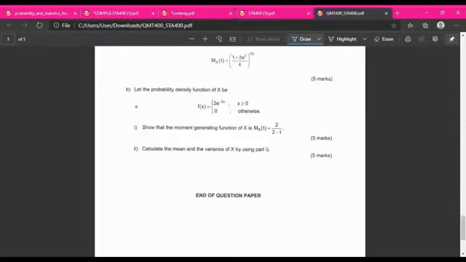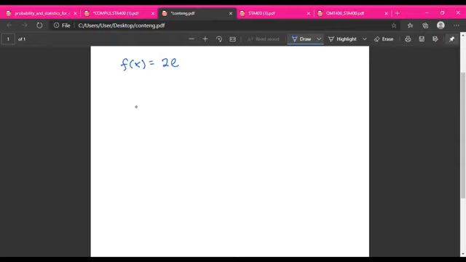Okay, so nak dapatkan, dia punya function tadi adalah 2e power of negative 2x. So in order to find the MGF function for this random variable, we will use the concept of e power of tx, okay, which is we need to integrate.